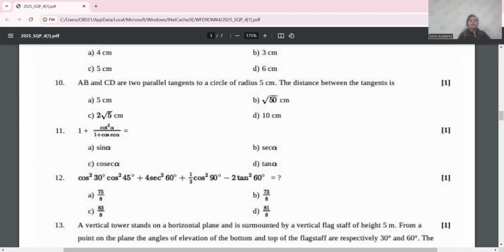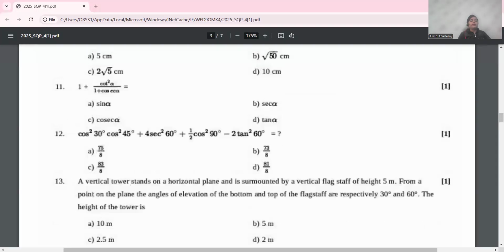Going to the next question of trigonometry, we have this particular expression and we have to simplify it. Firstly, I am simplifying the denominator, which is 1 plus cosec alpha. I am taking alpha as theta for the sake of simplicity. So 1 plus cosec theta, which is 1 plus 1 by sine theta, or taking LCM, it would become (sine theta plus 1) upon sine theta.